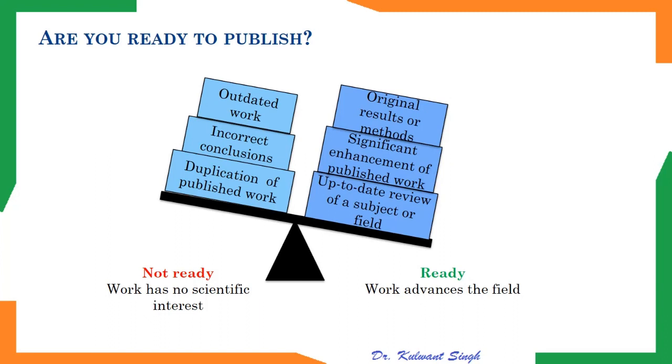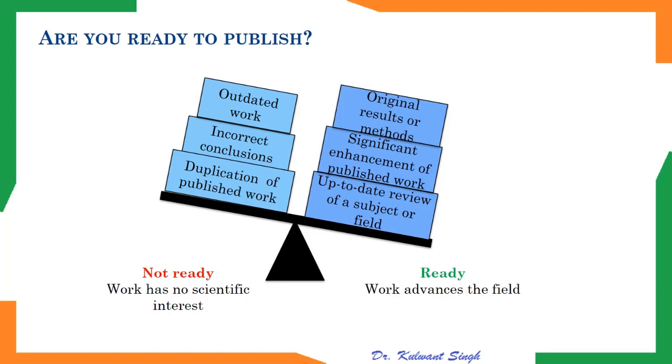On the other hand, if your work is outdated, if you have drawn an incorrect conclusion from your research, and there are already publications and literature available on your research, meaning similar research has been conducted earlier, then we can say there is no scientific interest in your research work, so you have to add some novelty.